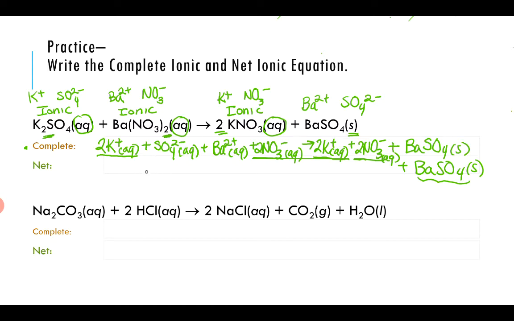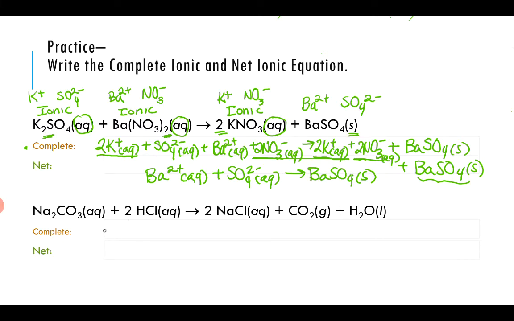So I'm going to have barium 2+ aqueous plus sulfate 2- aqueous, and those are going to make up my barium sulfate solid. And so all of these are balanced, and so we're done with that one.